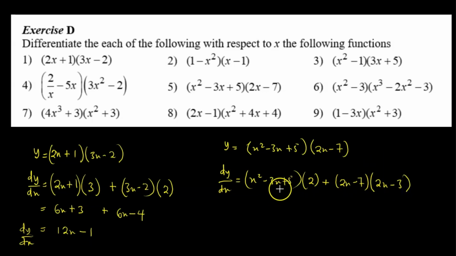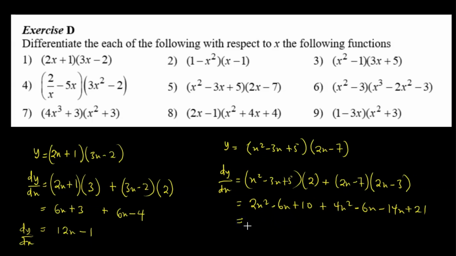Then now we expand and simplify. Final, that is going to give us 2x squared minus 6x plus 10, then plus 4x squared minus 6x, then minus 14x, then plus 21.